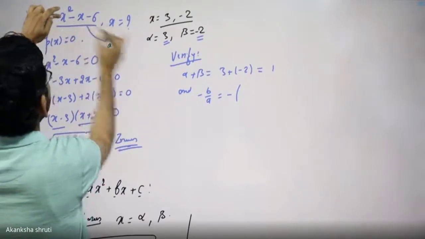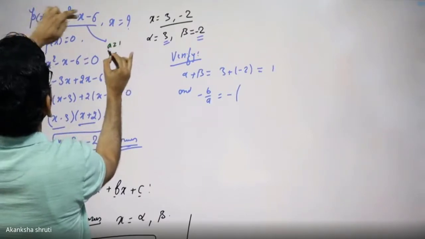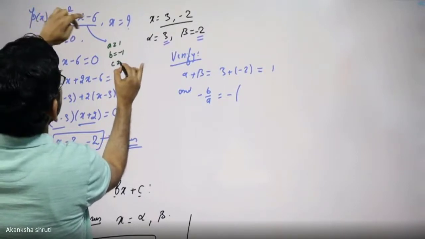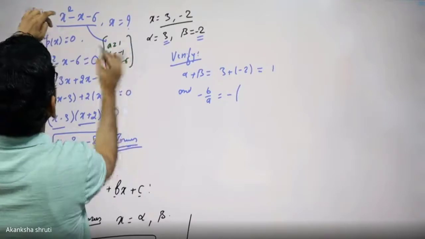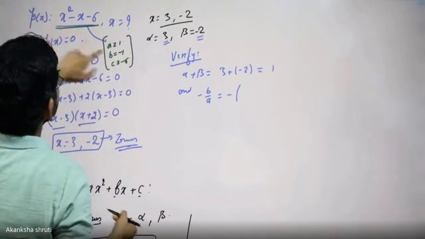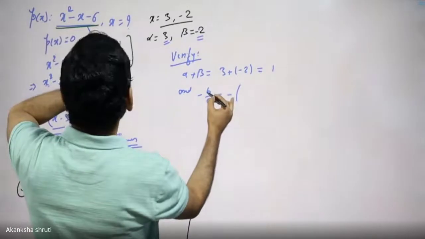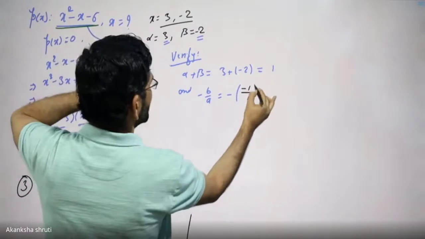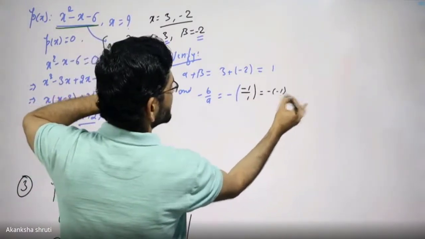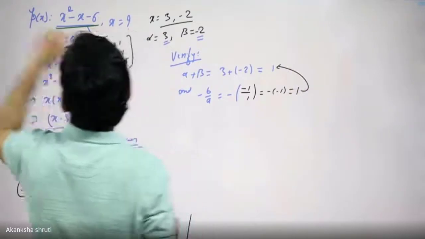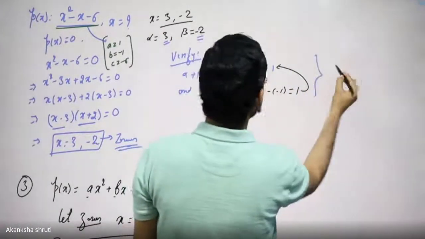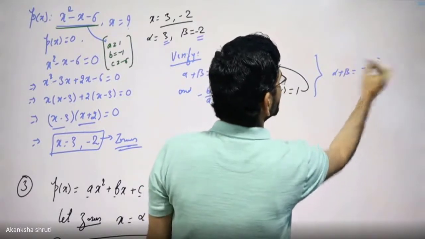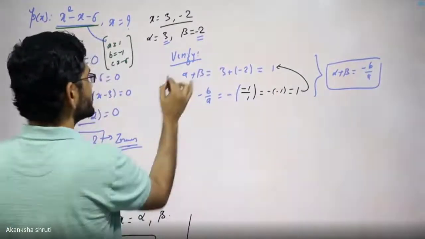Here a, the coefficient of x square, is 1. b, the coefficient of x, is minus 1. And c, the constant term, is minus 6. So minus of b, which is minus 1, by a, which is 1, means minus of minus 1, it is 1. It is matching with this one. So comparing this, we can say alpha plus beta is minus b by a. So this is the relation. Hence it is verified. So one part is verified.